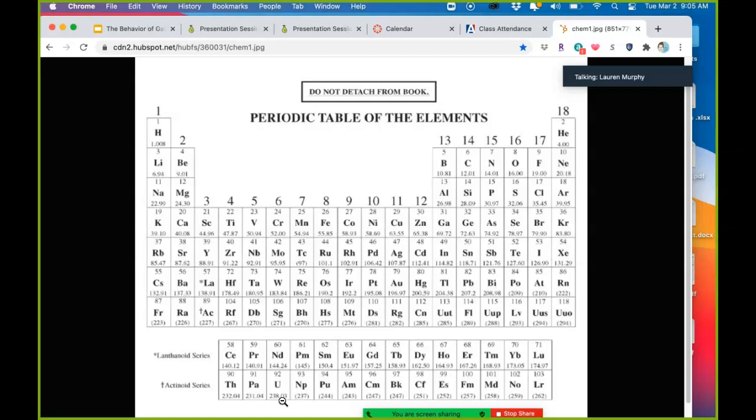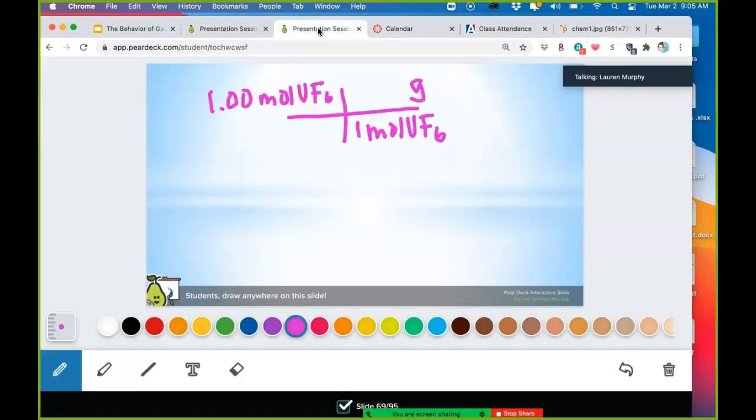This is a huge, or this is a heavy molecule. It is 352.03 grams per mole. 352. Now, the thing is we only have 1 mole of it, so 1 times this number is just 352.03 grams. So there's my mass.